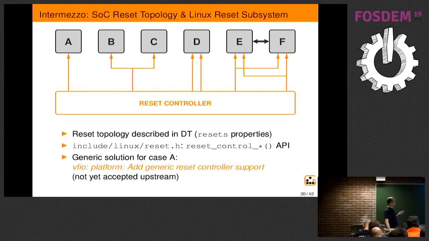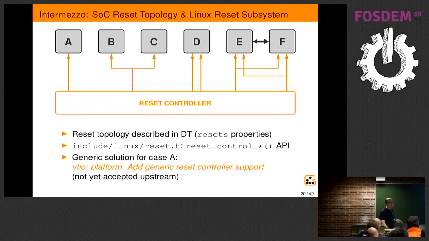If you want to export device B to the guest, it means that you cannot reset it without also affecting device C, which may be used on the host or exported to a different guest or something like that. So that's a no-go. You could have a device with multiple resets. Also very complicated, because you don't know in the general case which reset you have to assert first.